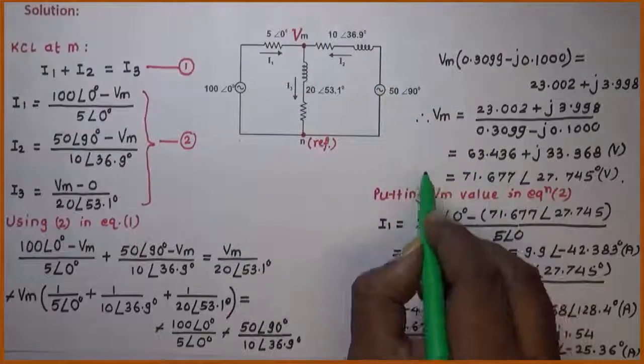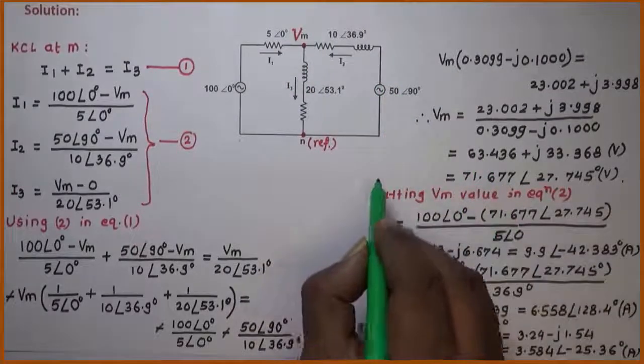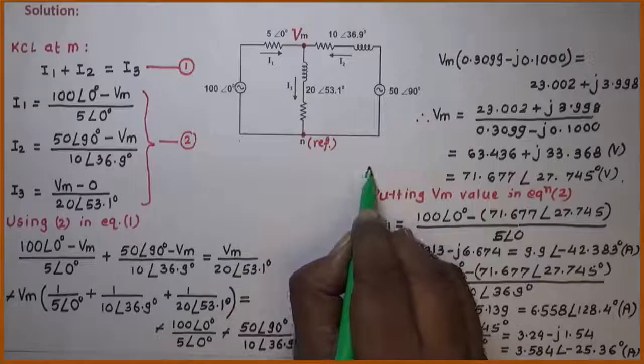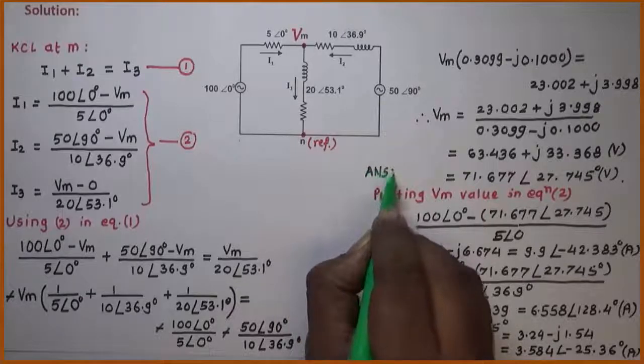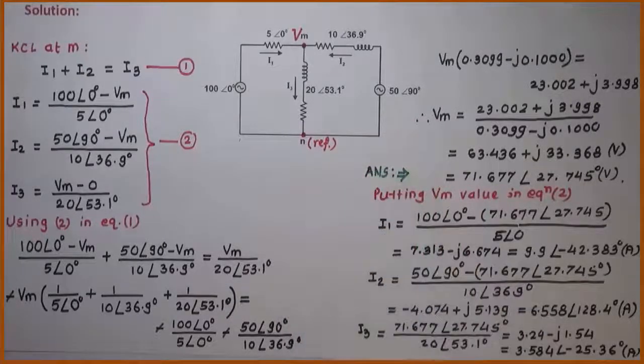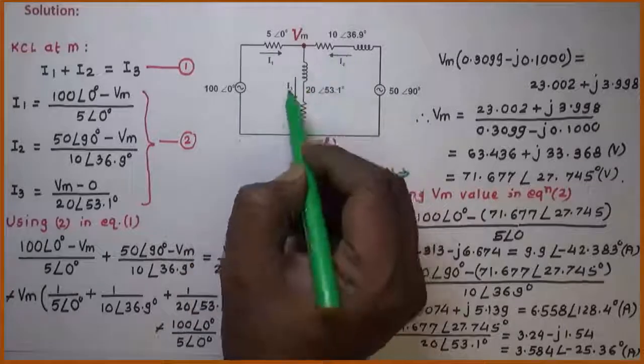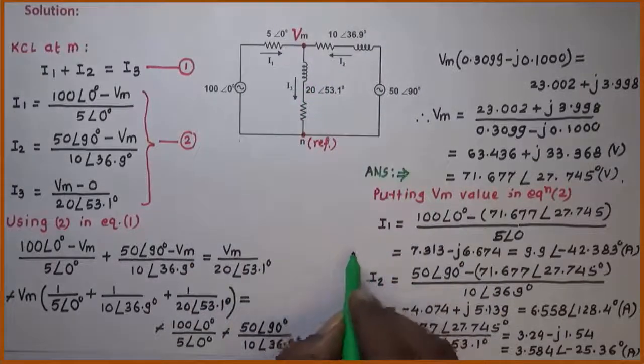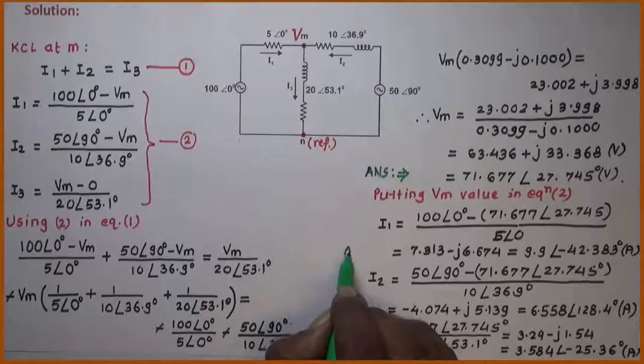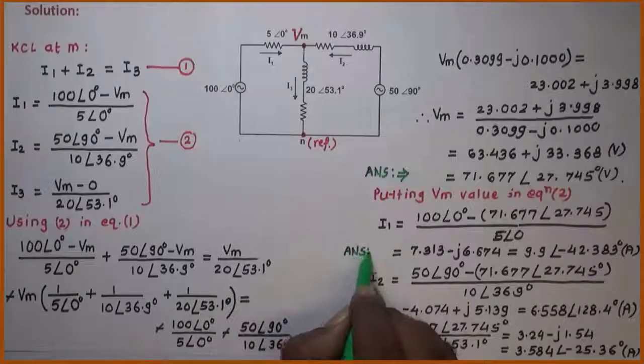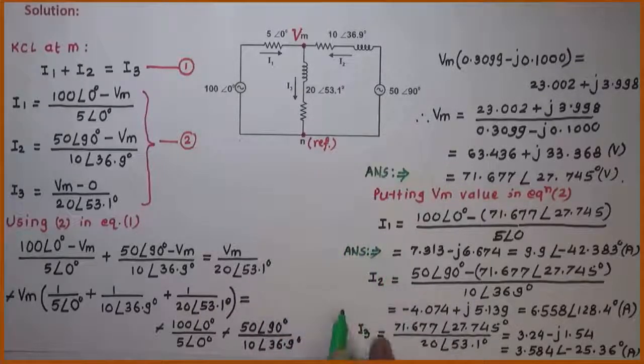Our problem was to find Vm. So this is Vm, this is one answer. It was asked to find I1, I2 and I3. This is one more answer. I2, it was asked.